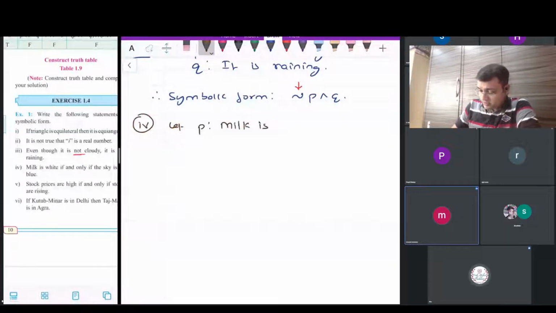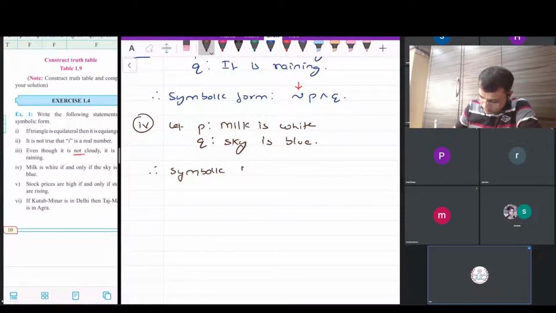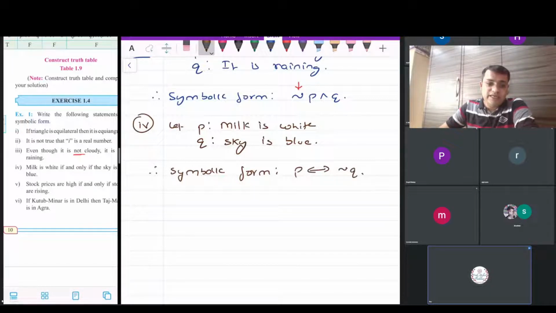P is milk is white and Q is the sky is blue. So in this case guys, the symbolic form looks like to be P double implication of not Q, that is negation of Q. It's a very easy point.